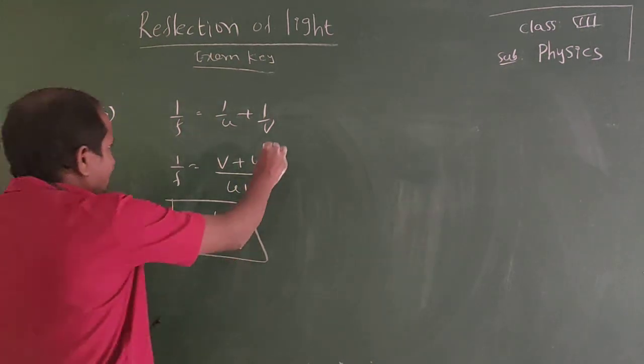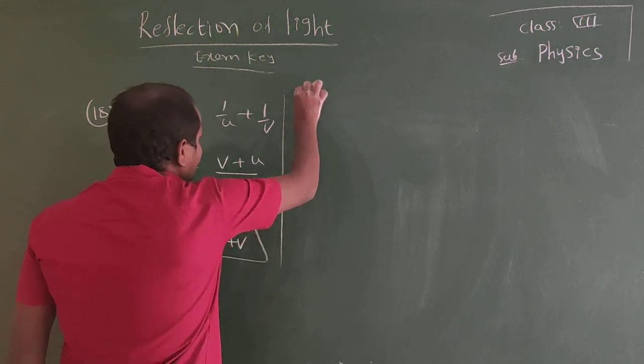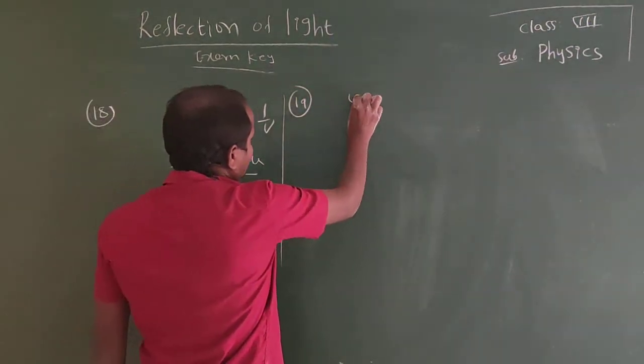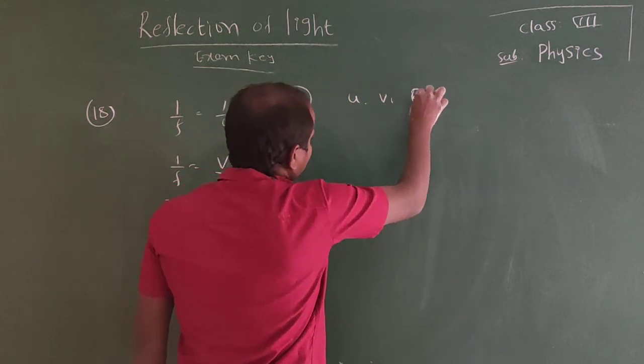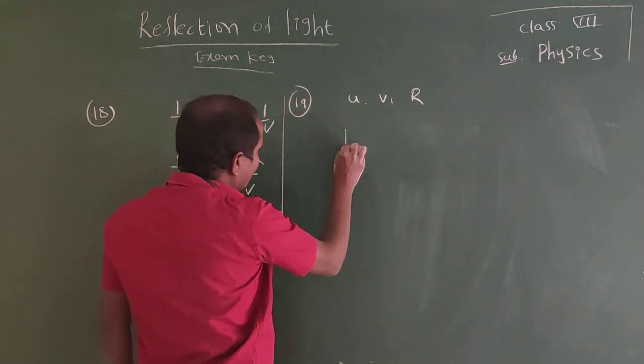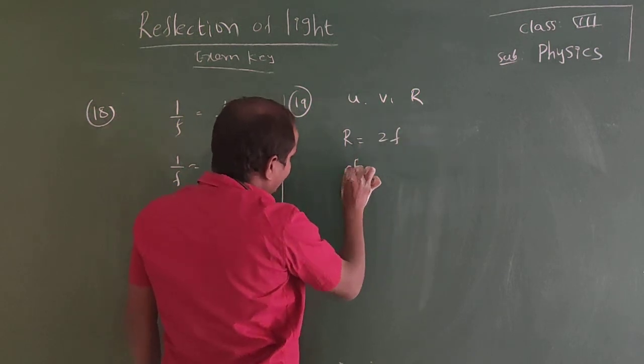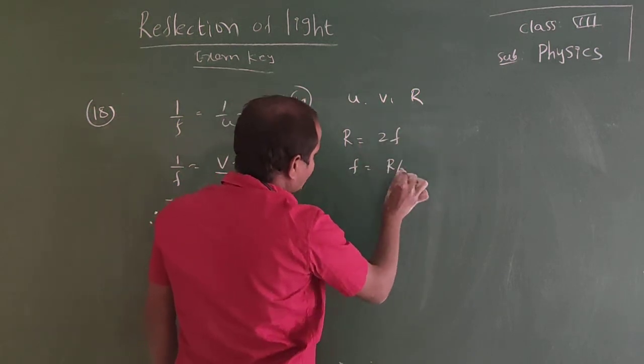Next one, the 19th one, the relation between radius of curvature R, U and V. The relation between R and F is R equal to 2F or F equal to R by 2.